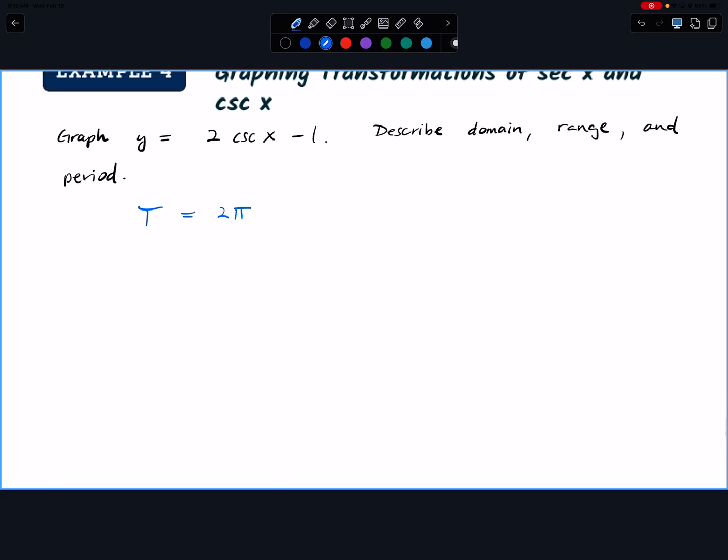All right. So looking at your notes, guys, when we sketched it together, where would be a good place to start the table for cosecant? Don't look at me, look at your notes. 0, good.